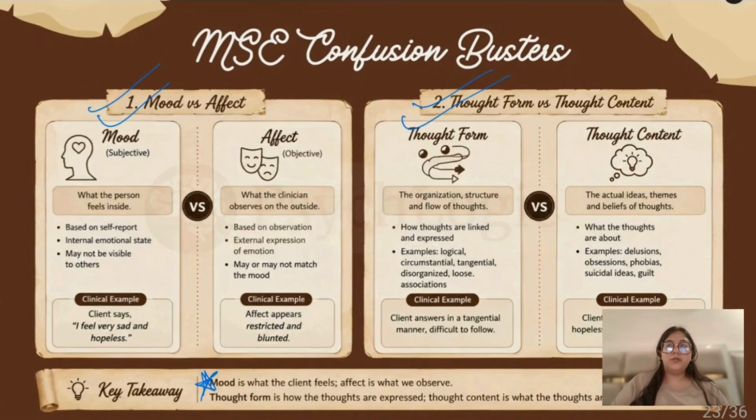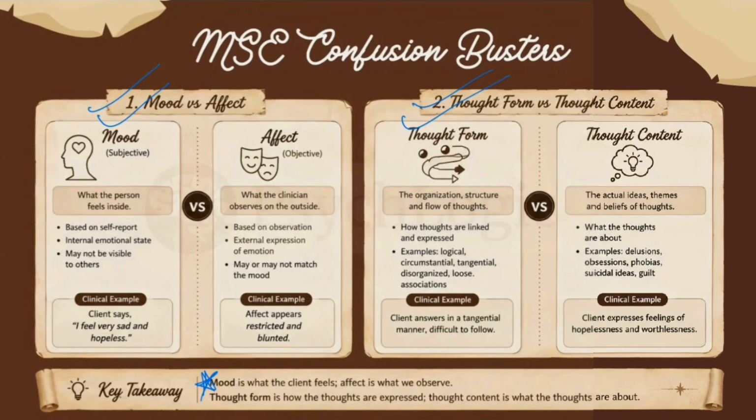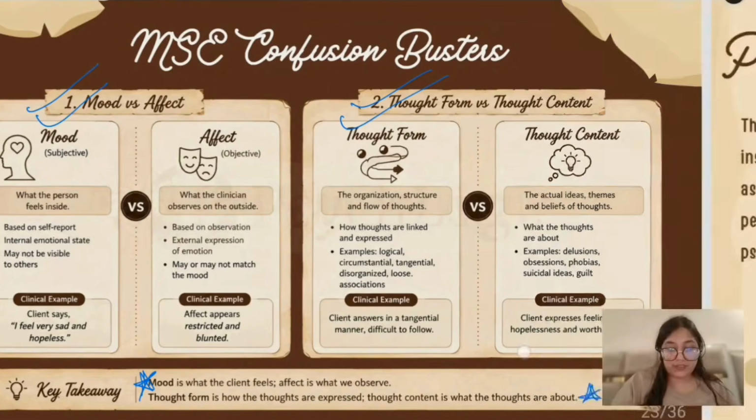It could be a delusion, a guilt thought, a suicidal thought in the client. Suppose someone comes and tells you, my neighbor spies on me. Is it thought form or thought content? It's thought content. So remember these two, and with this, we are done with the mental status examination.